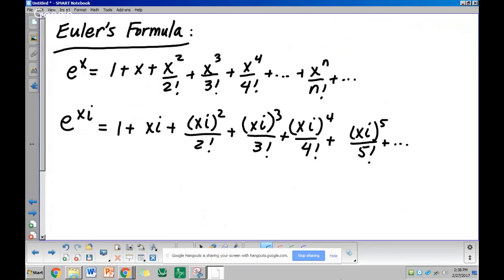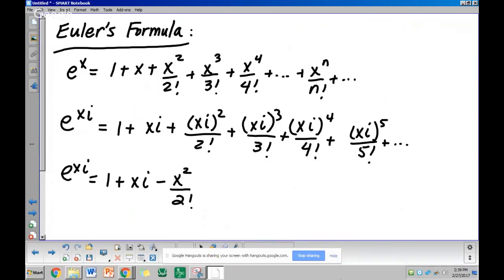So let's simplify this a bit if we can. This will be e to the xi equals 1 plus xi. What happens when you square i? You get negative. So this is going to be x squared over 2 factorial. Plus, this is going to be x cubed, i cubed. i cubed is equal to negative i, right?